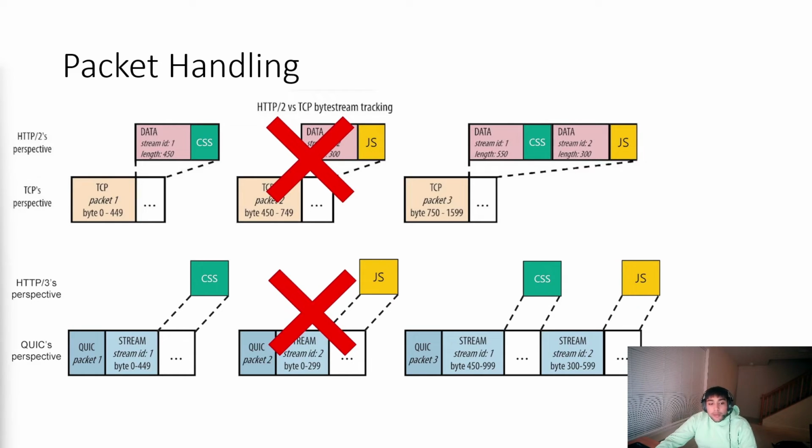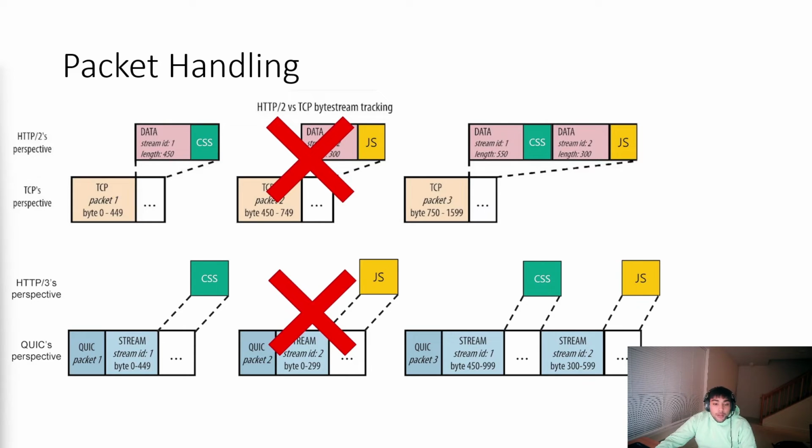And so what HTTP/2 would say is, okay, we're going to introduce the concept of independent byte streams at the HTTP/2 layer. It says the CSS file has a stream ID of 1 and the JavaScript file has a stream ID of 2. So those are different, 1 and 2 are different, and we have separate resources.